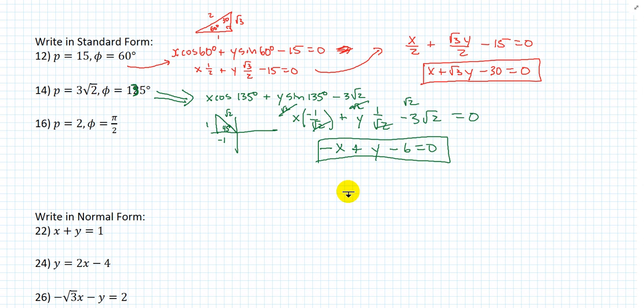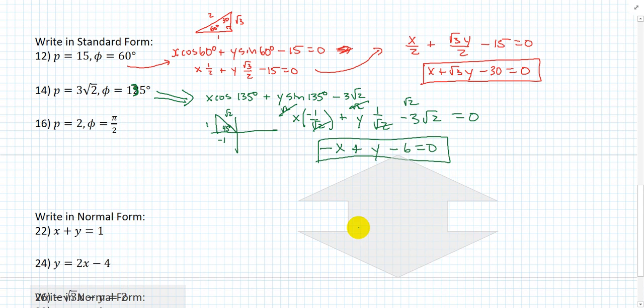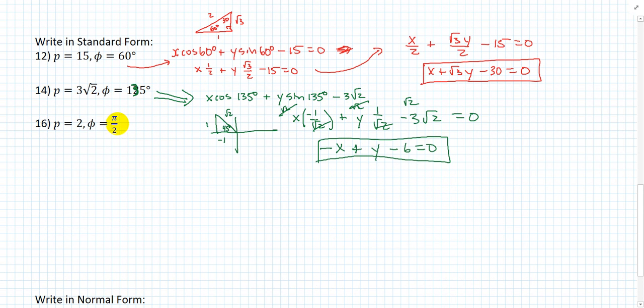And let me make some white space here for you. And so on here, hopefully you see this. So I'm looking at 16. You go, oh, that makes everything easier, because that's pi over 2. That's like 90 degrees. And then if I look at my x times the cosine, I'm just going to convert that to 90 degrees so that you can see it. x cosine 90 degrees plus y sine 90 degrees minus 2 equals 0.